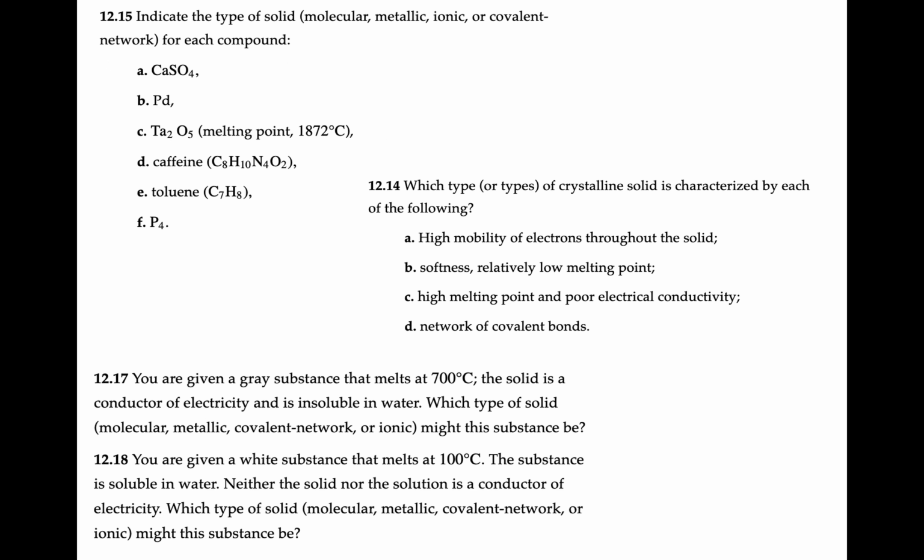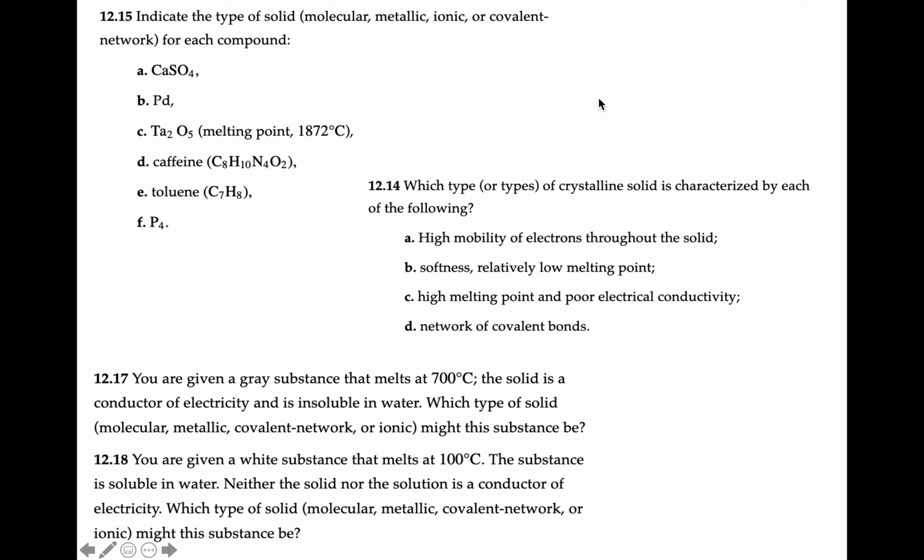The types of questions that are on this very first part, I show 3 examples here from the end of the chapter, where given a formula, we're asked to classify it. Is it molecular, metallic, ionic, or covalent network?